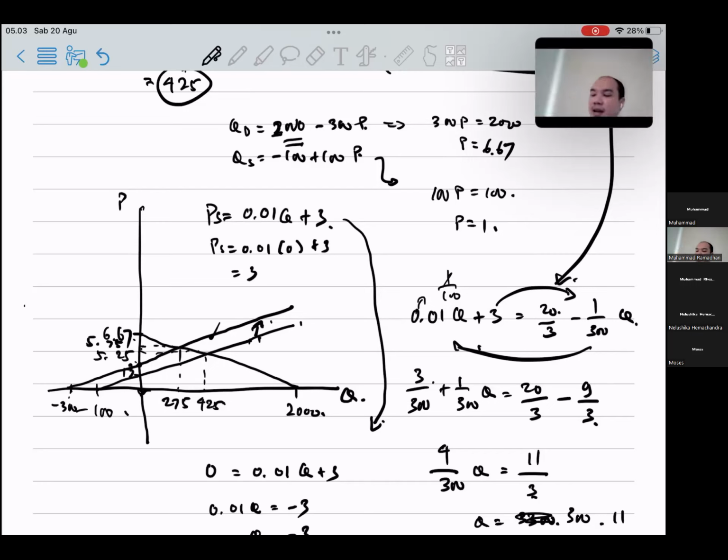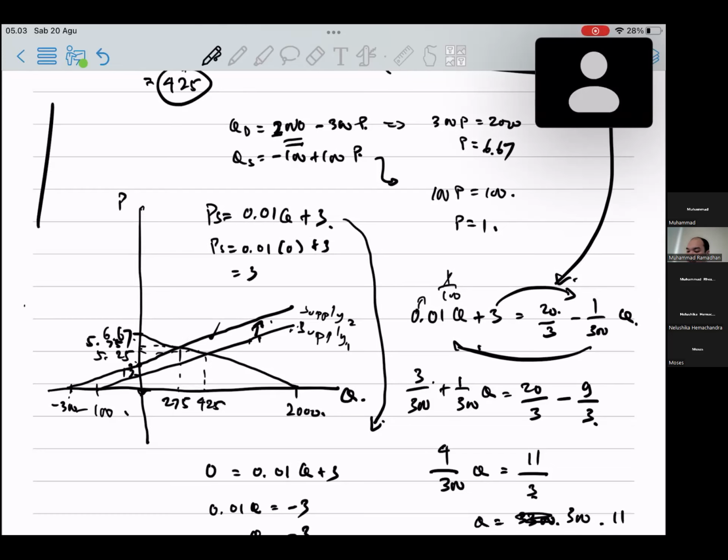Okay, the slope. Sometimes it makes complexity. For this case, the slope between supply curve one and supply curve two is the same, if they are parallel. But if the demand curve or supply curve rotates, it's not the same.